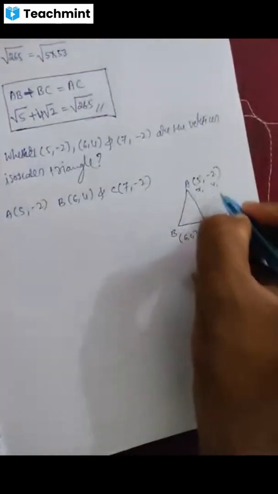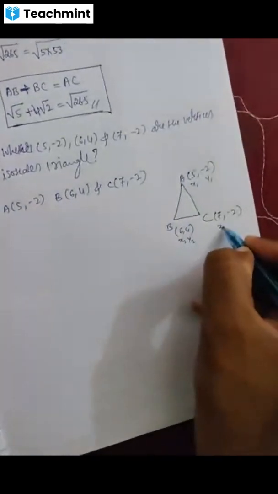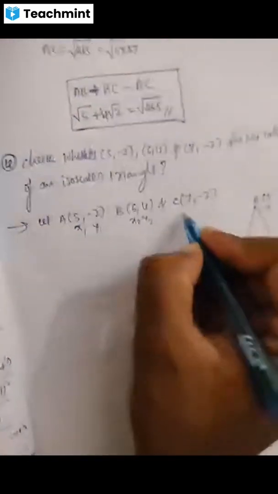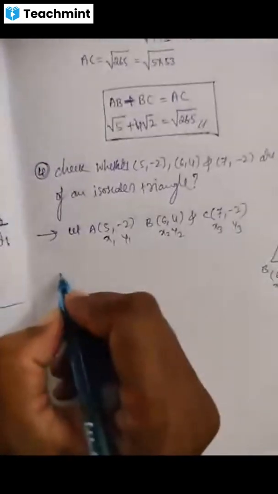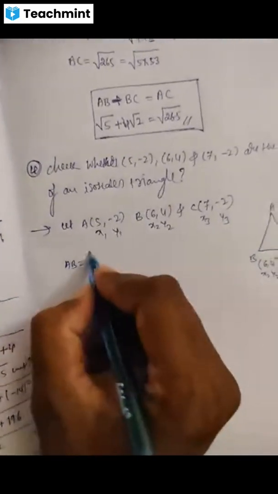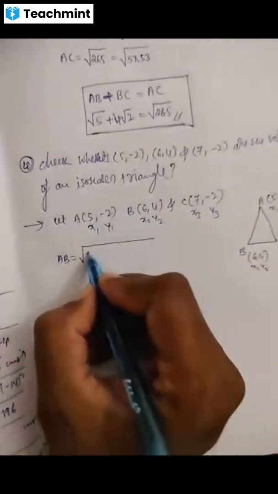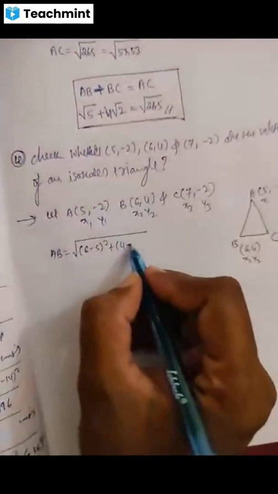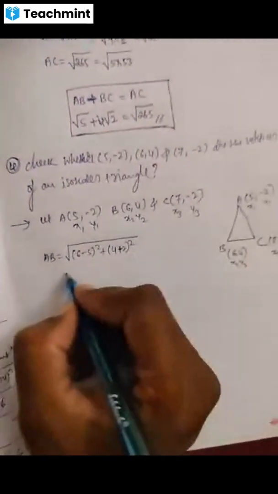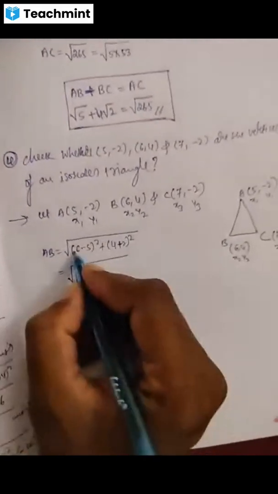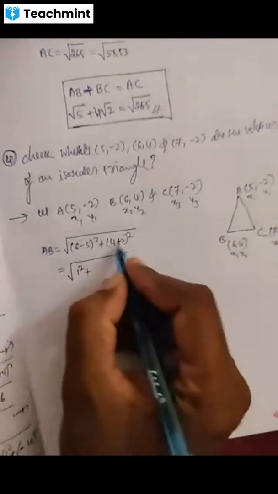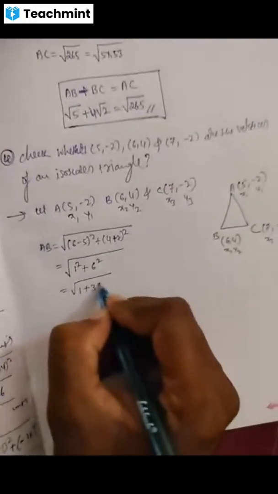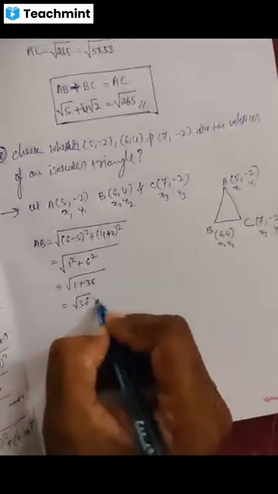So x1 y1, x2 y2, x3 y3. Solution: AB is given by square root of x2 minus x1, 6 minus 5 whole square, plus 4 minus minus 2, minus becomes plus, 2 whole square, is equal to square root of 6 minus 5 is 1 square plus 4 plus 2 is 6 square, is equal to 1 plus 36, that is root 37 units.